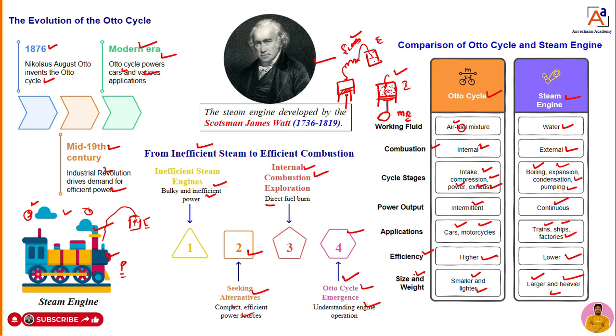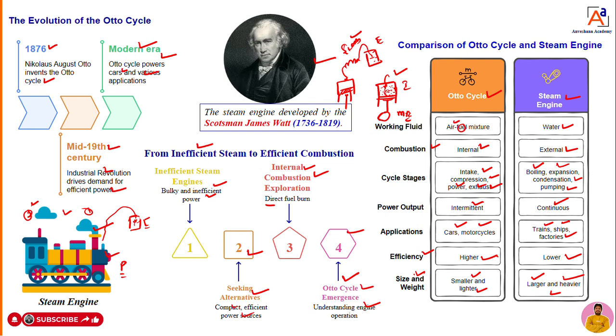So for that purpose, Otto tried to invent a compact gasoline engine, where combustion has to take place inside the cylinder. Keeping such things in mind, he started his research, invented it and finally succeeded.